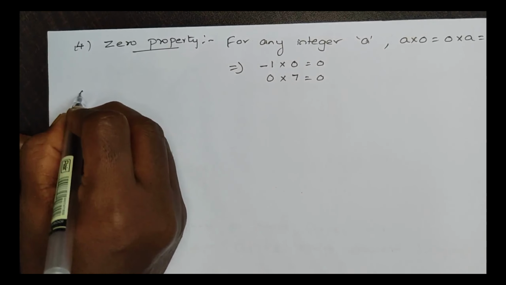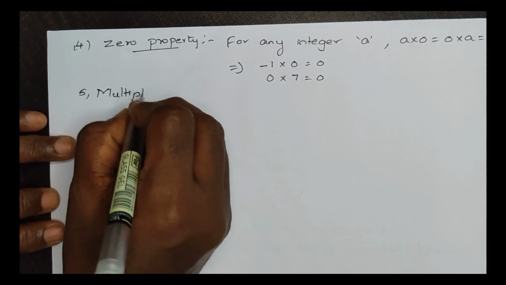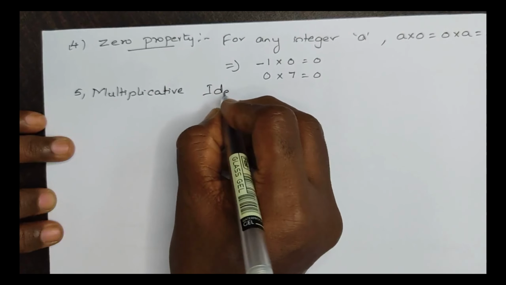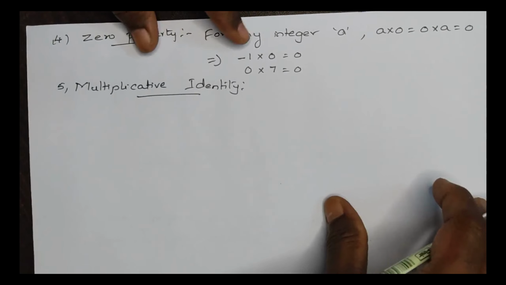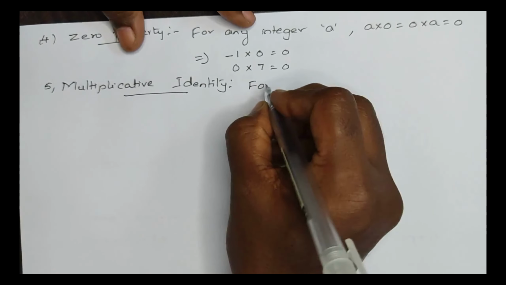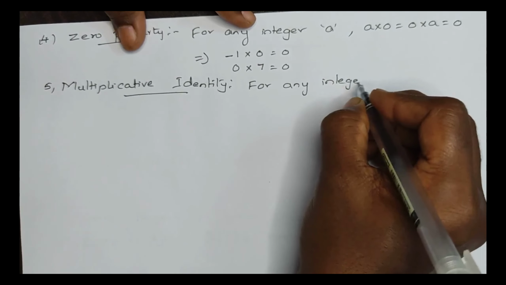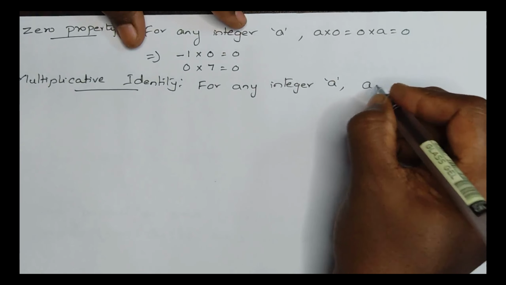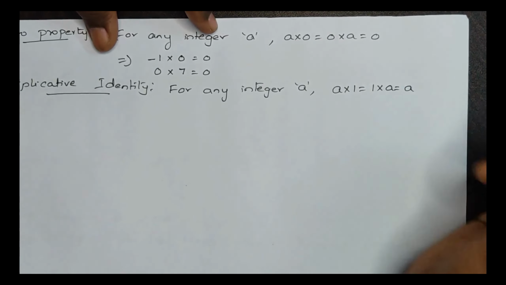Now the fifth one, multiplicative identity. Hope you remember what the additive identity is. Yes. So here, for any integer a, a × 1 is equal to 1 × a, which gives you a.